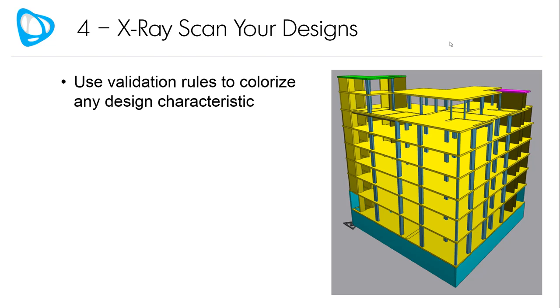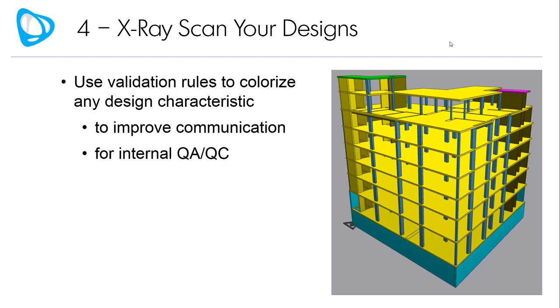So here, we're talking about using validation rules to colorize any design characteristics, to either improve your internal communication, or how you communicate your project information to others, or simply as a way to do internal QA, QC. Let's run through a simple example.